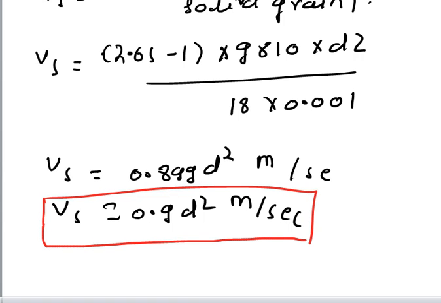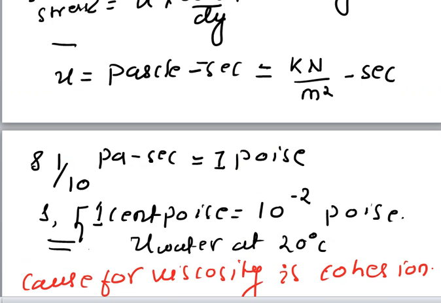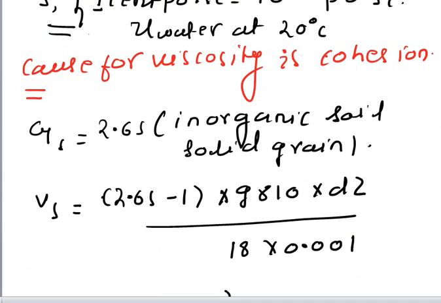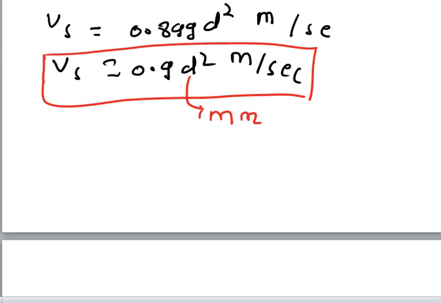And here the diameter of the particle is used in mm. So because of cohesion, as temperature increases, cohesion decreases, so mu decreases. So this is all about Stokes law.